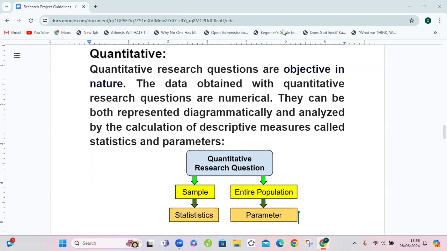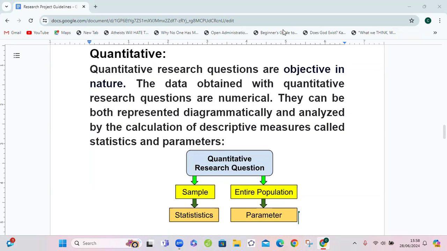So when you collect the data, if you perform a sample or a census, if you perform a sample, that means you take a fraction of the population. If you perform a census, that means you interview the entire population. The data that you collected, whether sample or census, will be numbers. It will be numerical in nature.